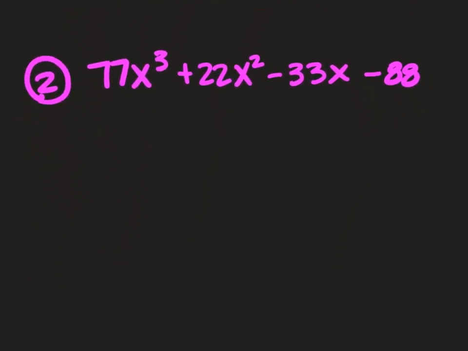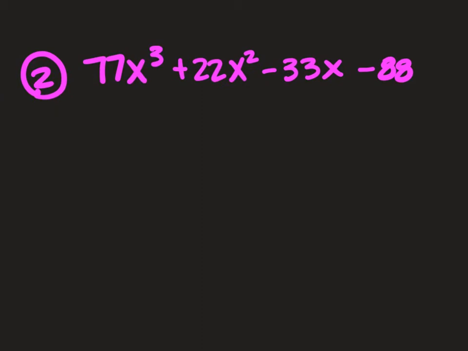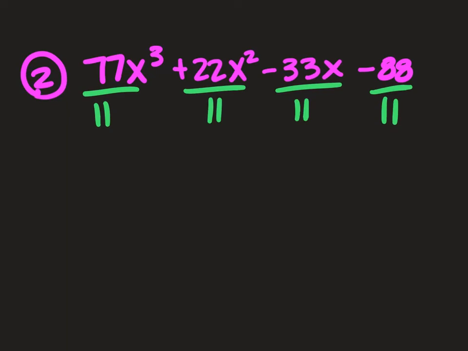As we look at this, when we look at our terms, we notice that we could divide everything out by 11. Now notice that this term does not have a variable with it, so the only thing that we can take out of this is an 11.